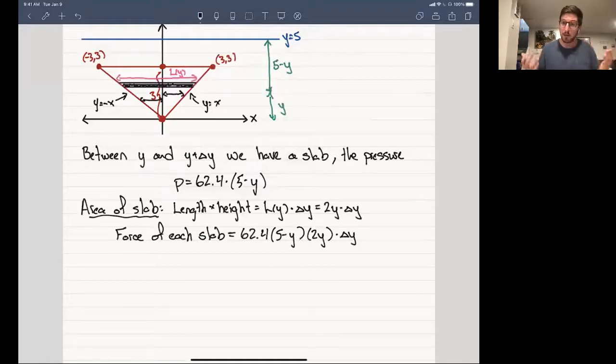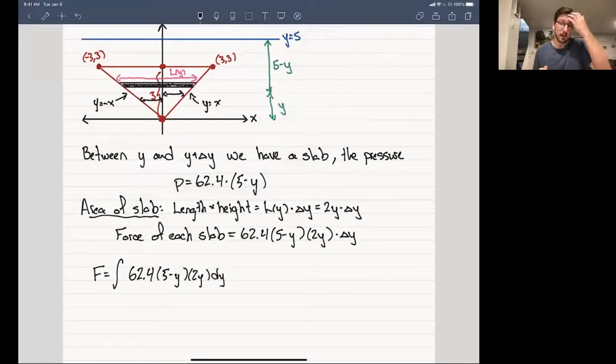And so after using this Riemann sum, after doing the full convergence argument that we always do, this tells us that the total force, F, is going to be a definite integral of the force of each of these slabs as delta y goes to 0. So 5 minus y, 2y, dy.